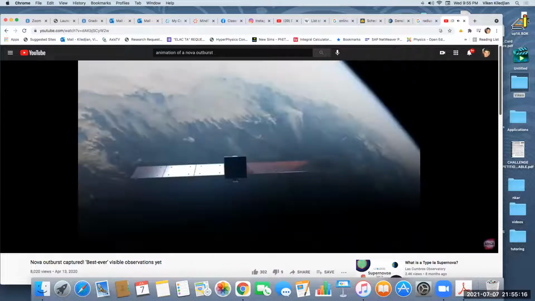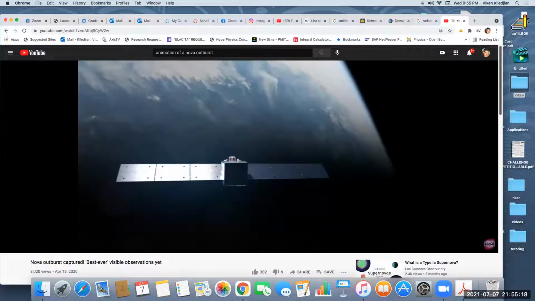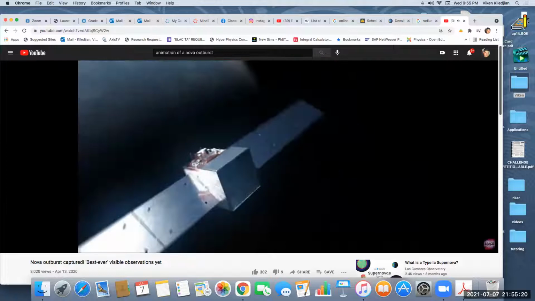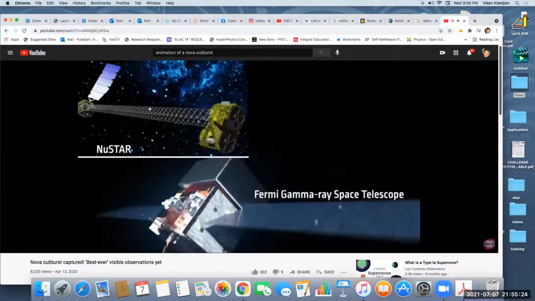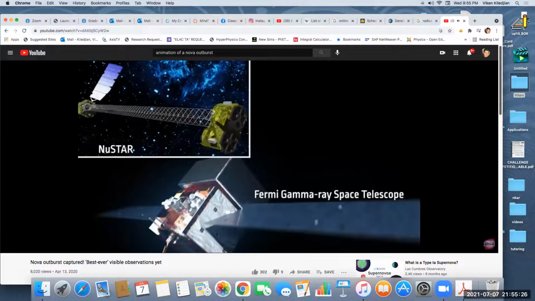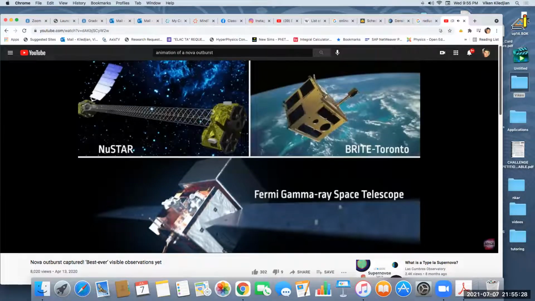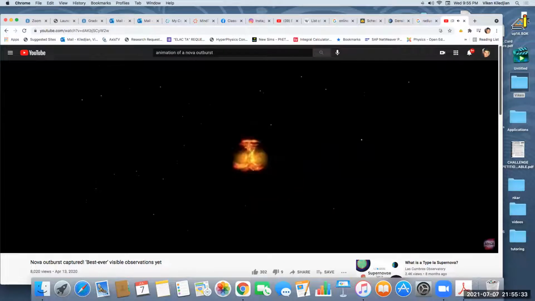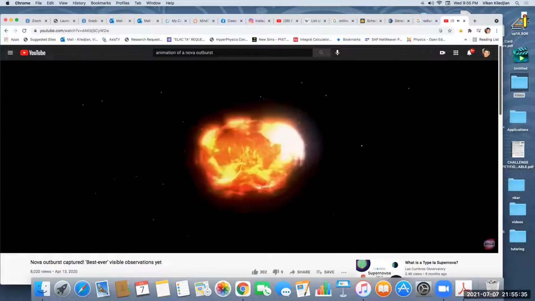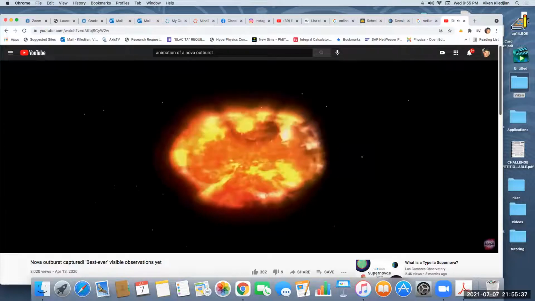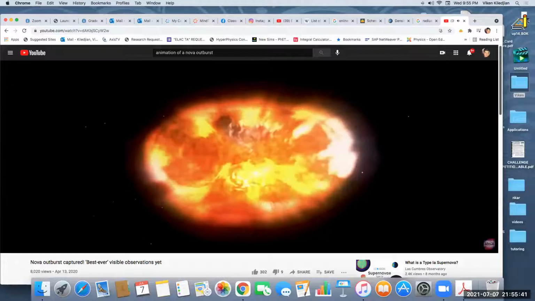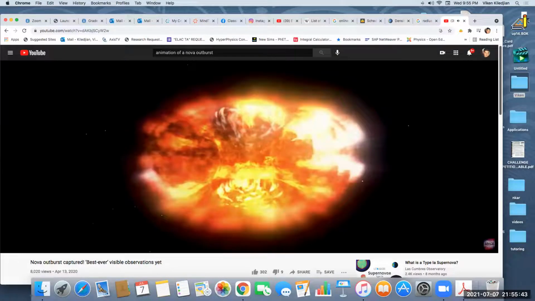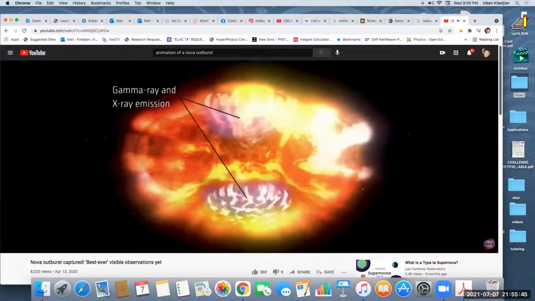Led by a team from Michigan State University, astronomers studied V906 Carinae using high-energy data from Fermi, NASA's NuSTAR X-ray telescope, and invisible light from a Canadian satellite named BRITE-Toronto. Shaped by the orbital motion of the stars, the explosion debris first forms a thick, expanding ring around the system. Then, after 10 days or so, fast outflows, likely driven by residual fusion on the white dwarf, strike the ring.